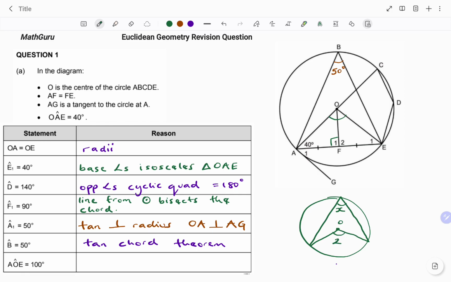So if that is x, this will be 2x. We know that we have B as 50, so therefore the angle at the center, that's AOE, will be 2 times 50 degrees, which is 100. So the circle theorem for that is angle at center equals 2 times angle at the circumference.